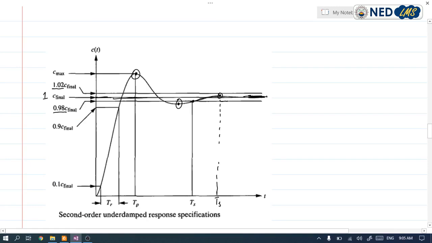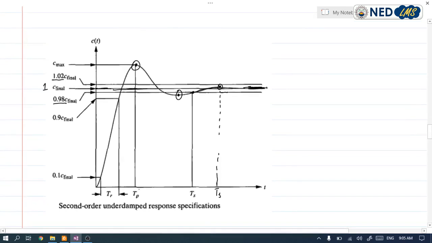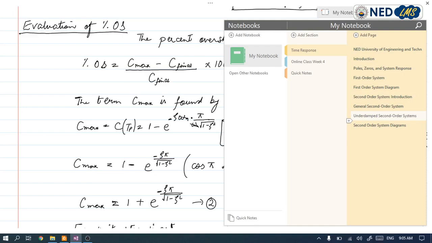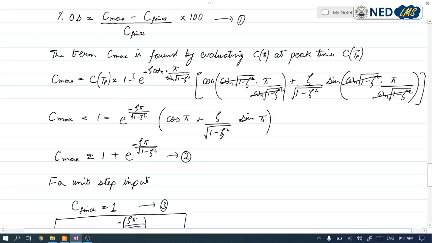For evaluating the C max term, we have to evaluate our output response at the peak time. The maximum value will occur at the peak time, as it is over here. So for that we put T_P, the peak time, in place of t here.